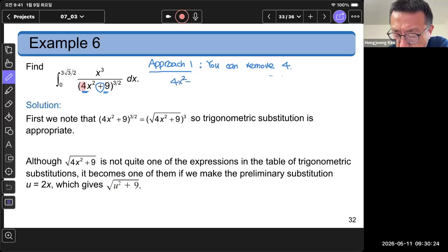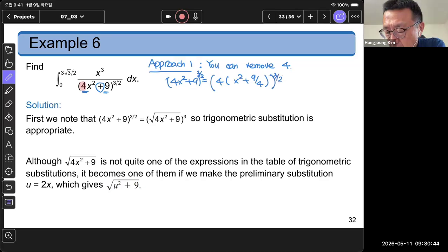4x squared plus 9 will be 4 times x squared plus 9/4. So if I take 3/2 power to this expression, then I have 3/2 power of this. So that means 4 to the 3/2 times x squared plus 9/4 to the 3/2.